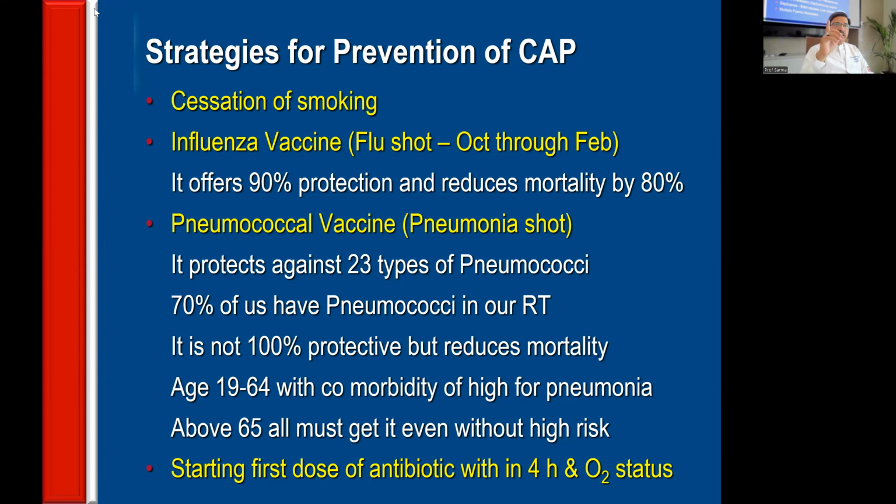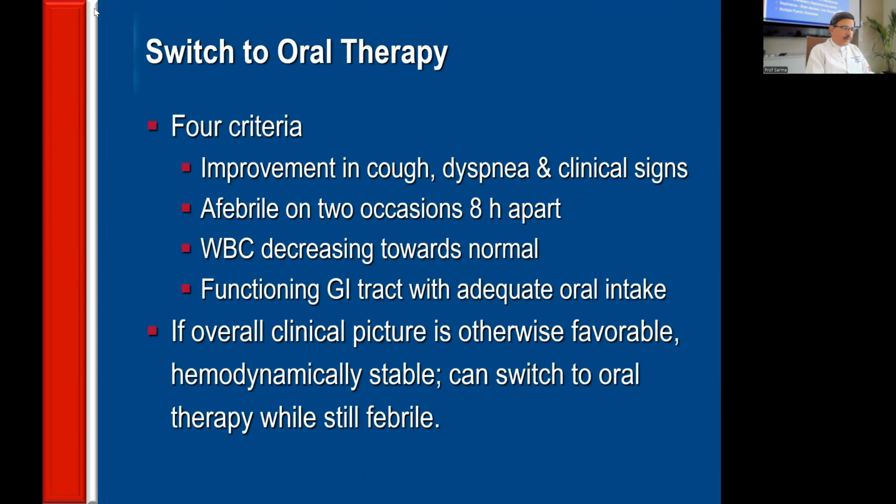Okay, another way: how can I prevent complications? Start the antibiotic within the first 1 hour of diagnosis. Don't delay it. And then assess the oxygen status and stratify the patient. When do I switch to oral therapy? I already told you.